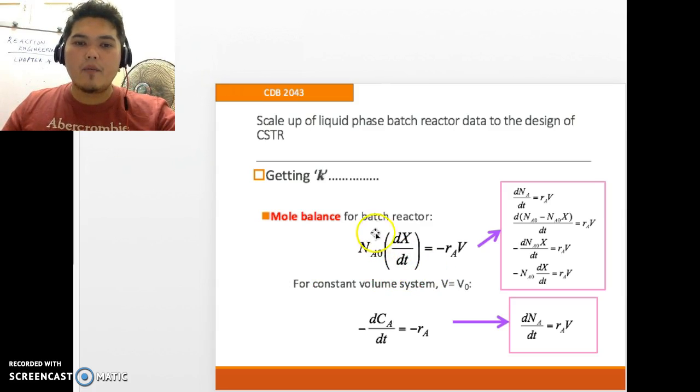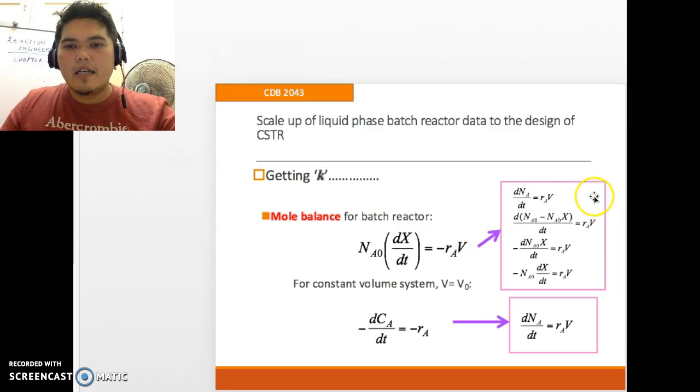So basically, we are left with this particular term, NA naught dX/dt equals negative RAV, which is the generation equals the accumulation. So, you have to follow this step by step in order to get from dNA/dt towards NA naught dX/dt.